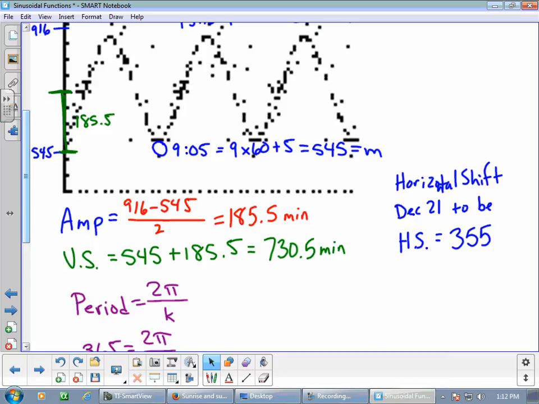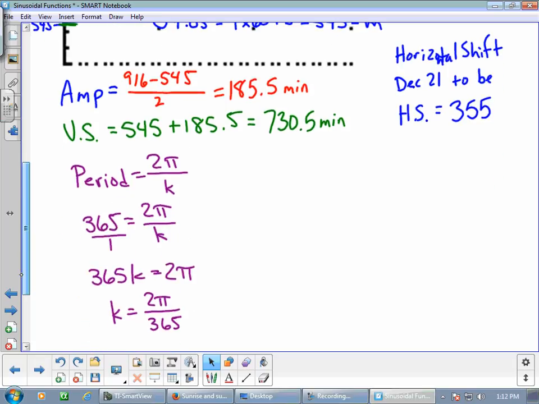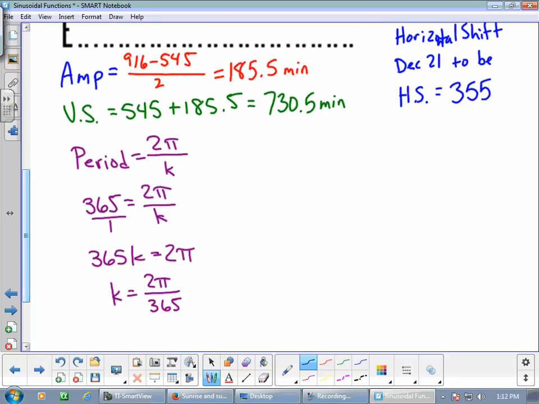All right, let's write our equation. Ugh, gross. Y equals, it's going to be a negative something cosine. It's going to look like that. I'll put a t in here where t equaling 1 would be January 1st.